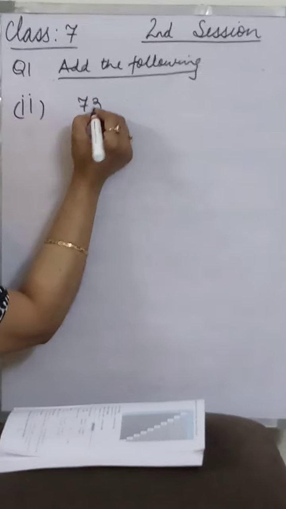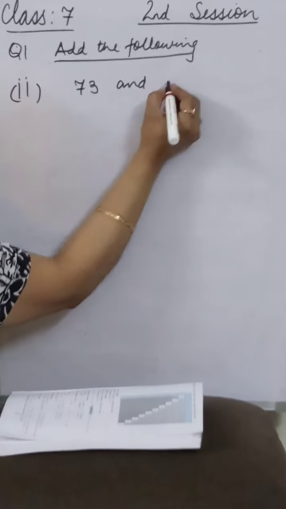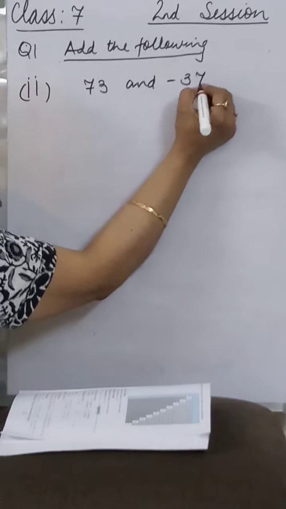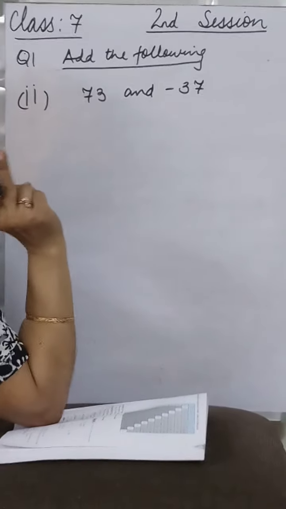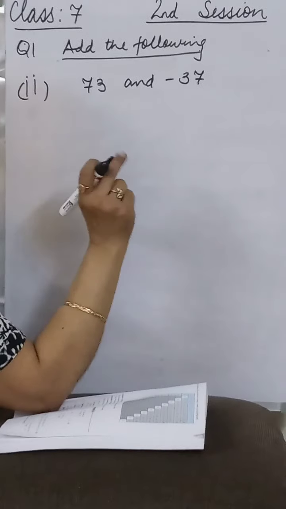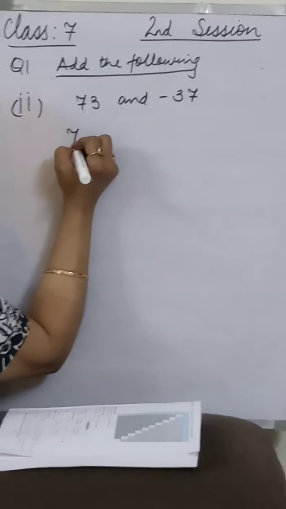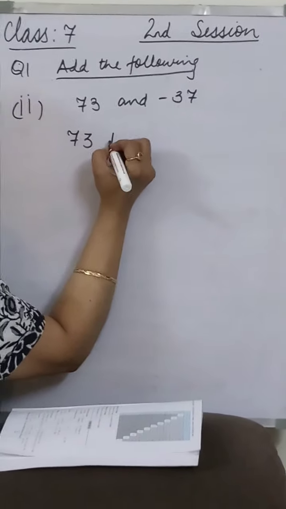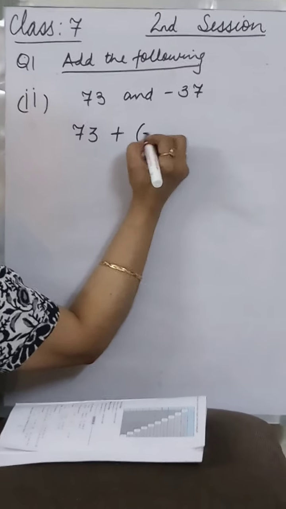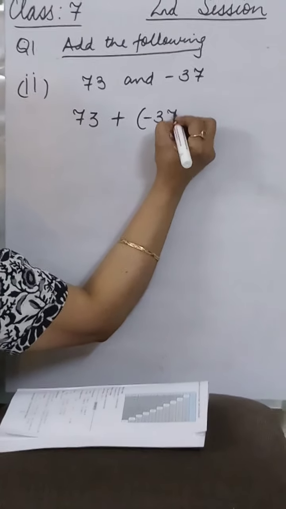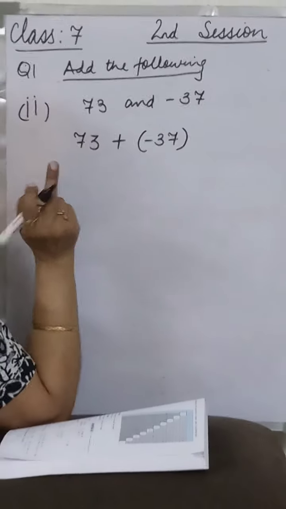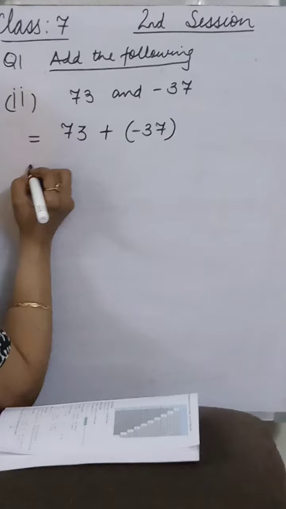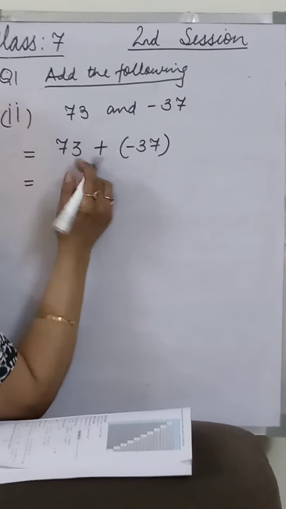Second, it is written 73 and minus 37. We have to add. Firstly, the first step is we write the mathematical expression showing that we are adding. That means 73 plus, and a negative number is always written in a bracket. So I write it in a bracket, and this way we write the expression. The first step is to write the expression. Second step, now we change the sign.